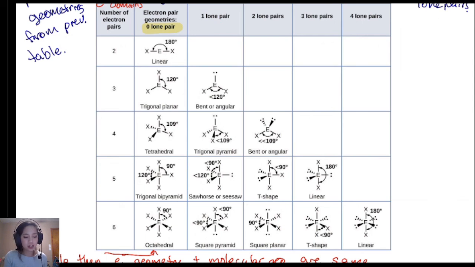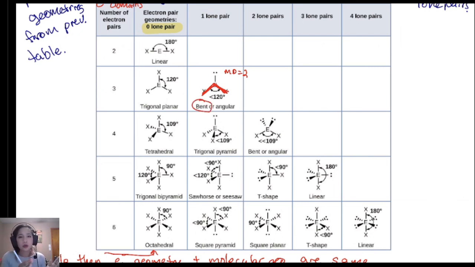What happens is we replace one of the electron domains with a lone pair, and we only consider the shape made by the atoms. So when there are 3 electron domains and 1 lone pair, the molecular domain equals 2, and our shape is bent, or sometimes they call it angular, but I call it bent.